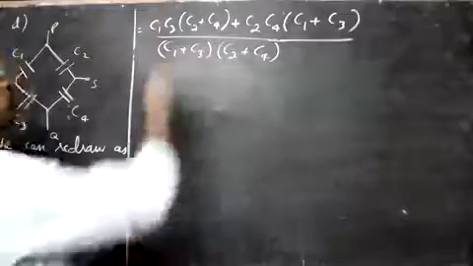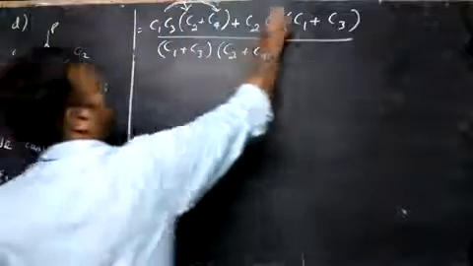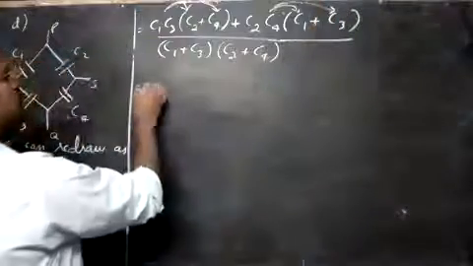Now what you must do is multiply inside this way, one time here and here, this into this and this into this. Very simple. So let's see what we get here.